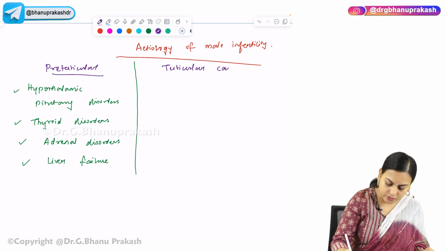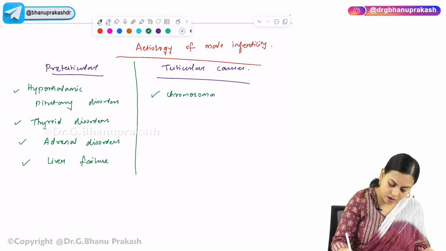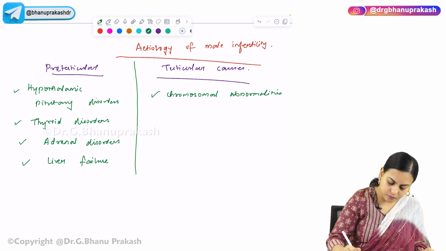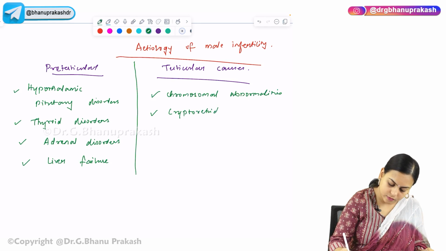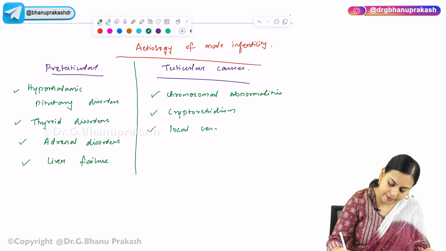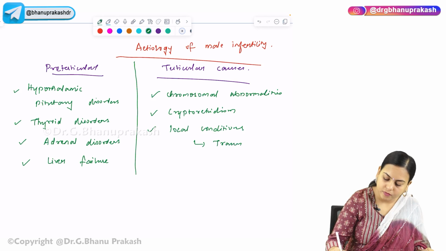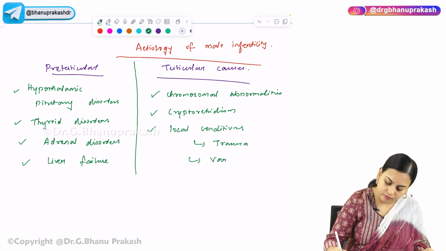So, testicular causes means we can have chromosomal abnormalities, cryptorchidism, local conditions like trauma, varicocele, orchitis.